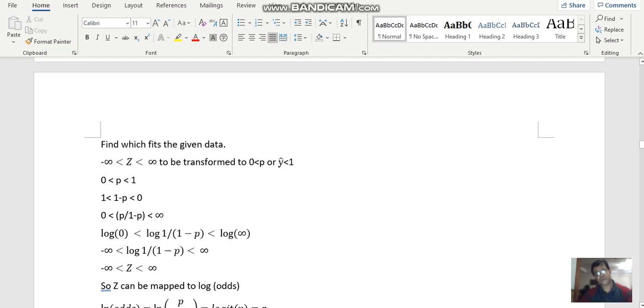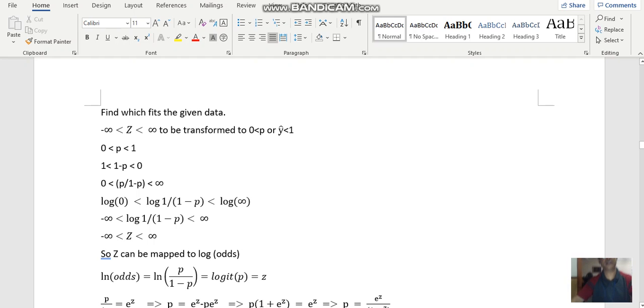Let us proceed in another way. If p ranges between 0 and 1, then 1 minus p would range from 1 minus 0, that is 1, to 1 minus 1, that is 0.